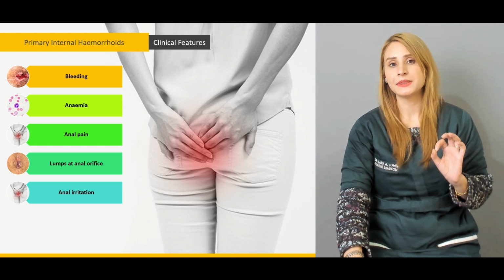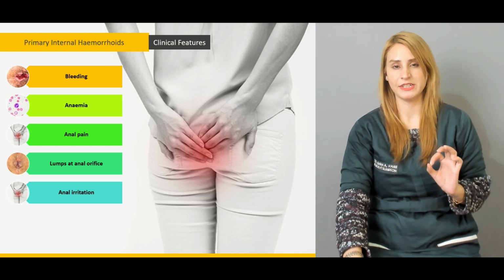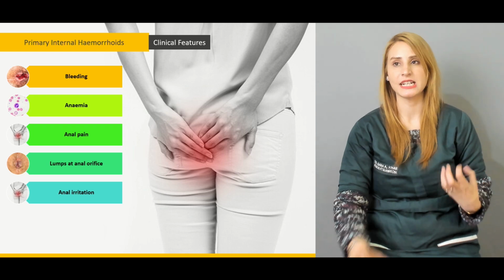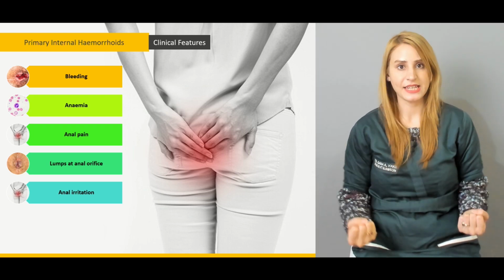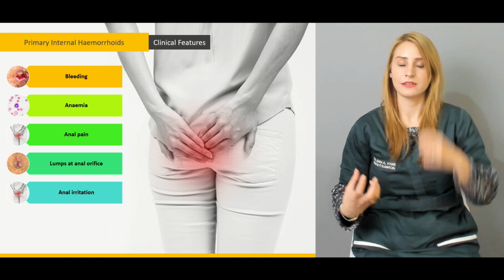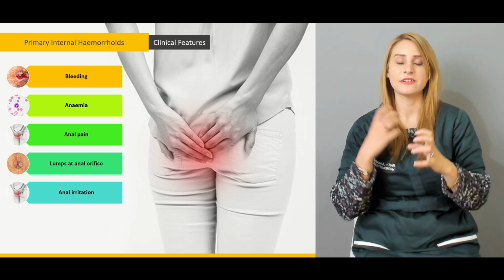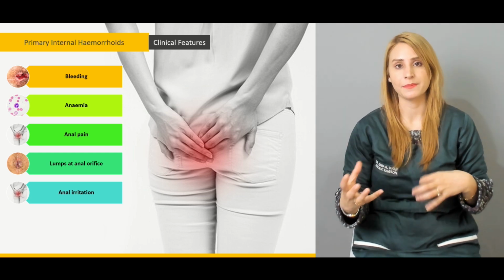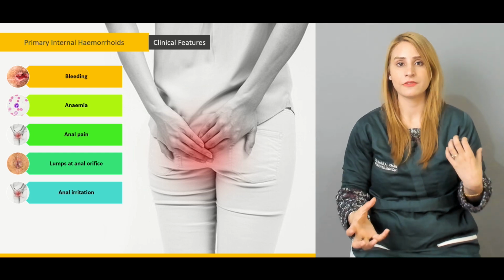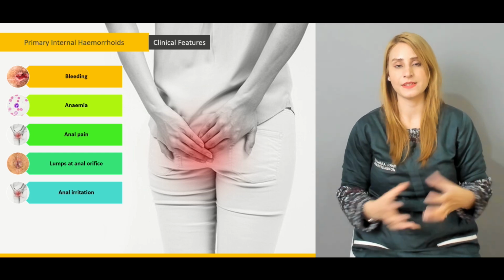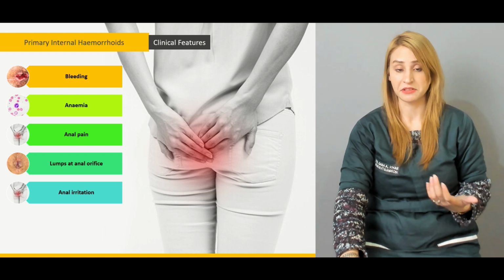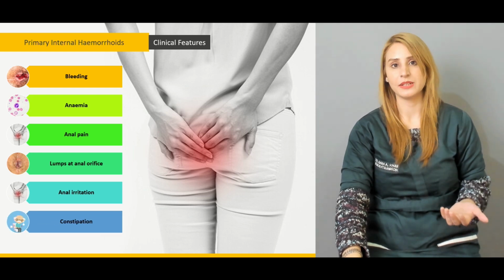But there can be some kind of anal irritation because there's a kind of reaction from the skin, and because there's a chronic irritation and a lot of problem with the mucosa and submucosa, sometimes that can lead to anal irritation, and the patient will complain about the constipation.